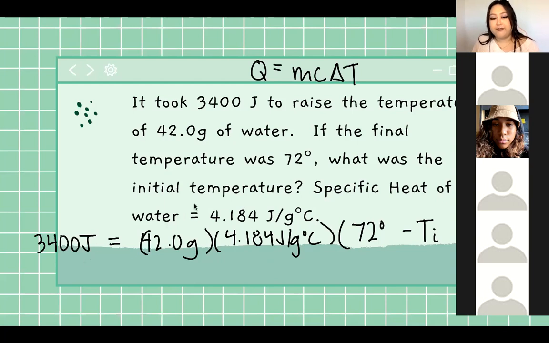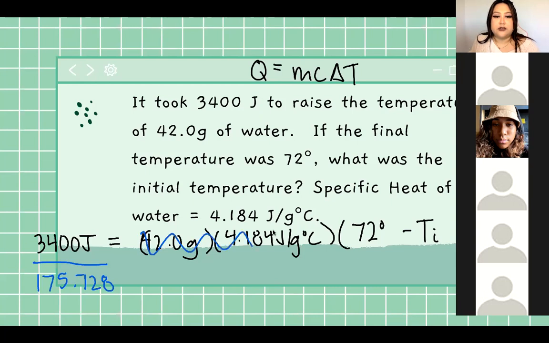Because we need to isolate the initial temperature. Yeah, so just to make it easier, we would multiply 42.0 and 4.184, and that would give us a number that we could divide here. And that number would be 175.728.